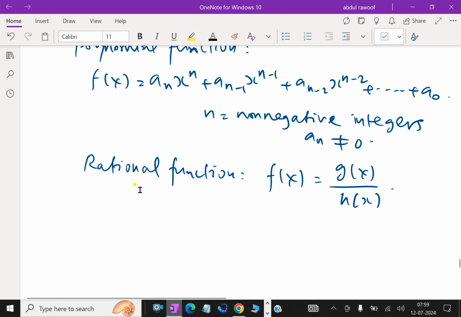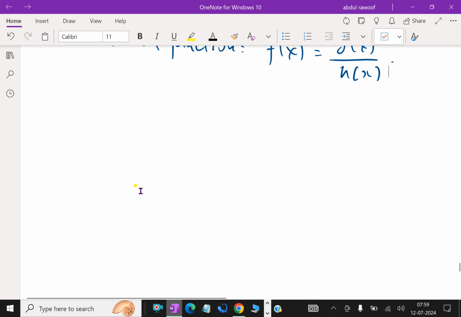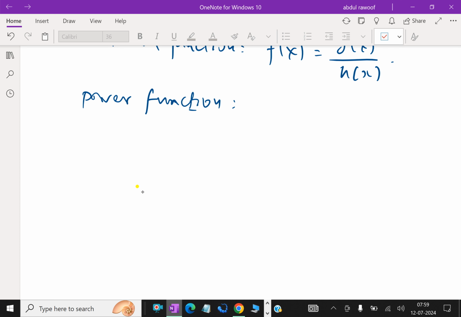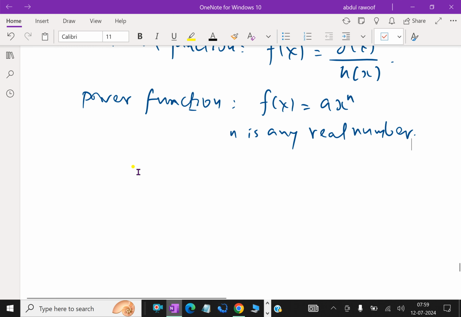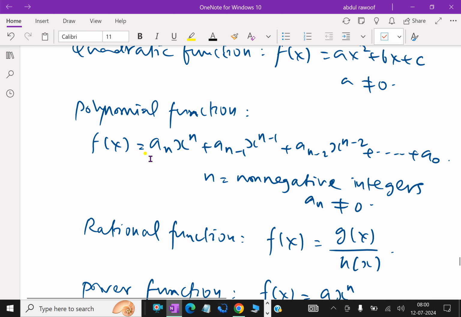Next, the power function. Power function is f of x equals a x to the power n, where n is any real number. These are some types of functions.